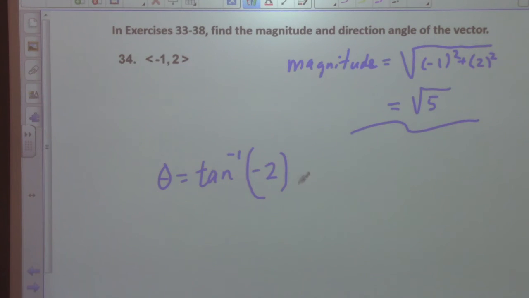Second quadrant. So what do we have to do to this? Add 180 to that. So what do we get? Oh, I forgot to do that. So it's 116.57. So that's going to be our direction and our magnitude. Everybody's good on that?